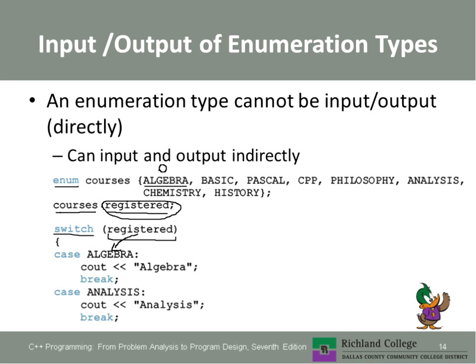And then you find out that registered equals algebra. Algebra, in our case, is 0. So with case 0, you're not printing out 0. What you're printing out is algebra. So that's how we help the user see what they are working with on the screen.